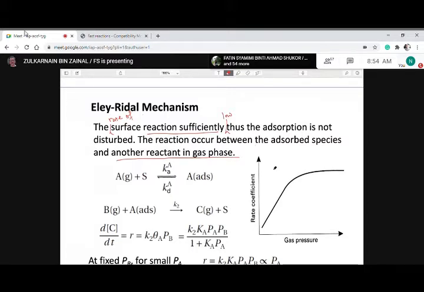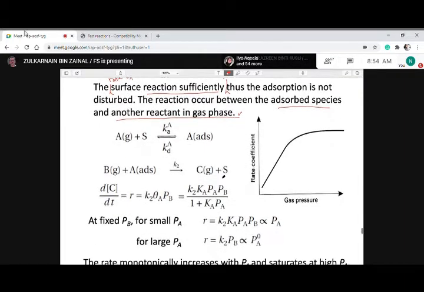As you can see from the Langmuir-Hinshelwood, both species are on the surface, but in this case, one species is in the gas phase and the other one is on the surface, right? So the general mechanism is shown here, where reactant A is adsorbed on the surface.